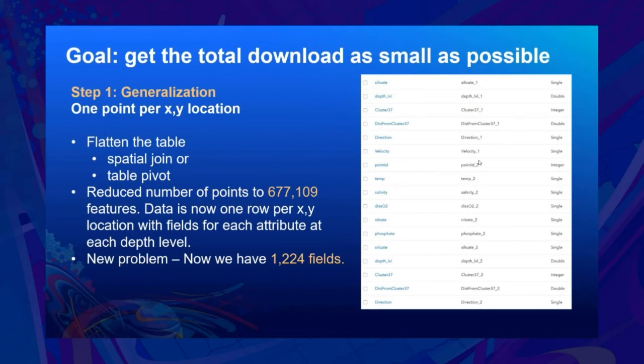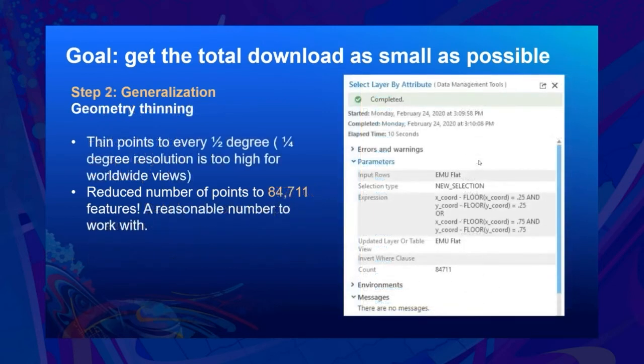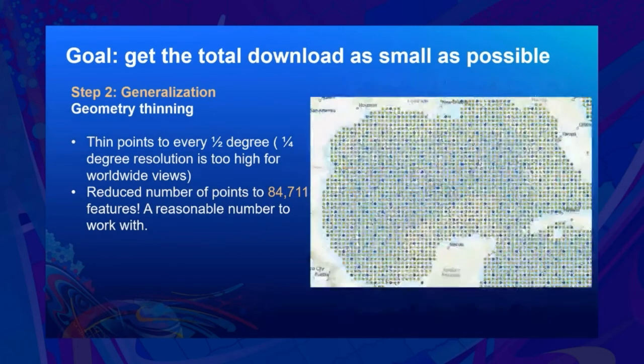For this global visualization, Christian went a step further and aggregated it from a quarter degree to a half degree. That brought it down to 84,711 features, which is easy to work with in the browser. As you saw, we were just working with about 85,000 points in that Chicago sales example.